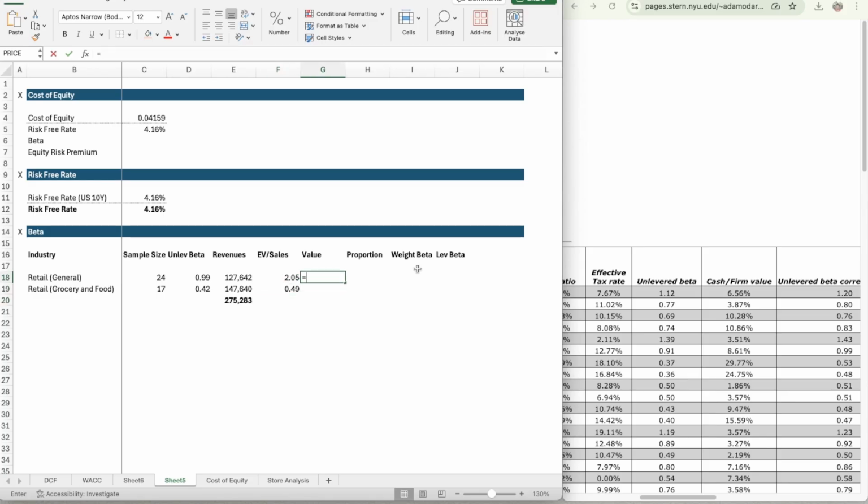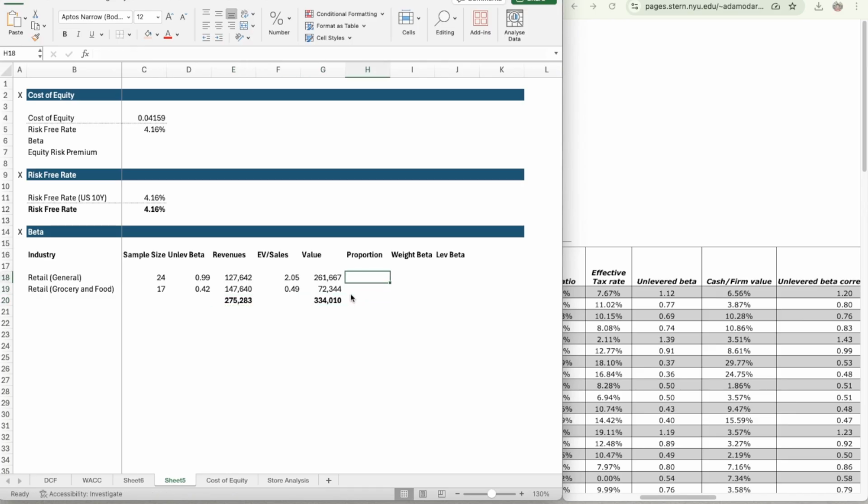And then that means the value for these segments. So you do revenues multiplied by the EV to sales, and that gives that segment a value of 261 billion. And we do the same, we can just copy, control, paste. Let's just work out the sum.